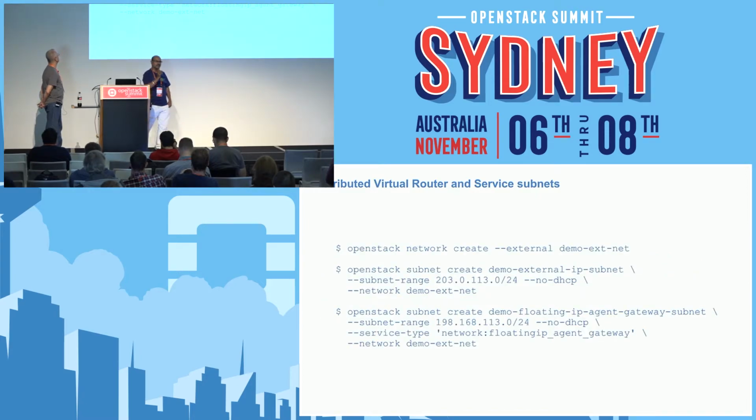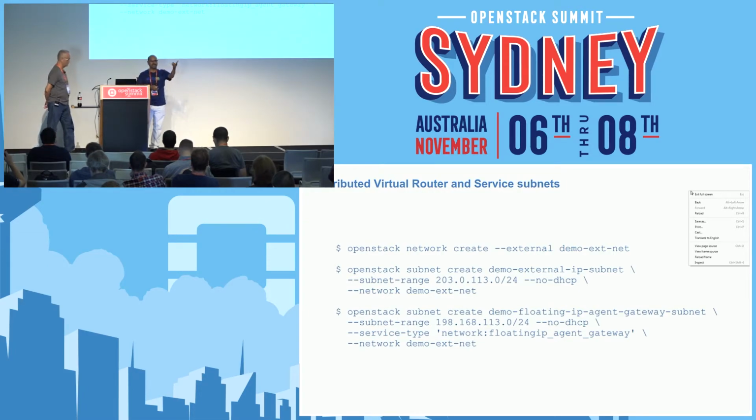In the case of defining a service subnet type, here are the commands you use to create one. Normally in Neutron, you create an external network and assign a subnet to it, and if you don't do anything, it consumes IP addresses from the external subnet.